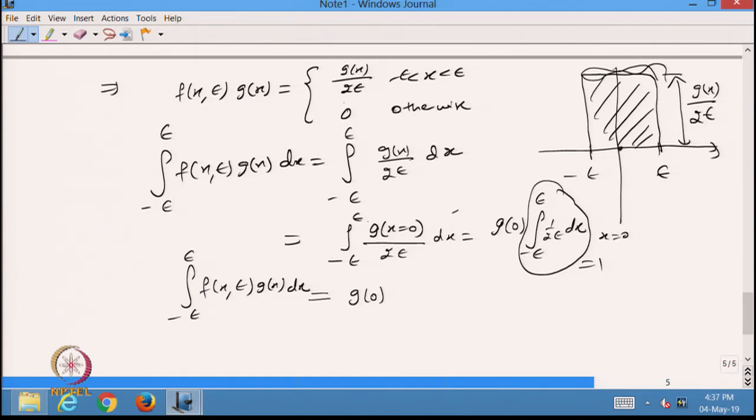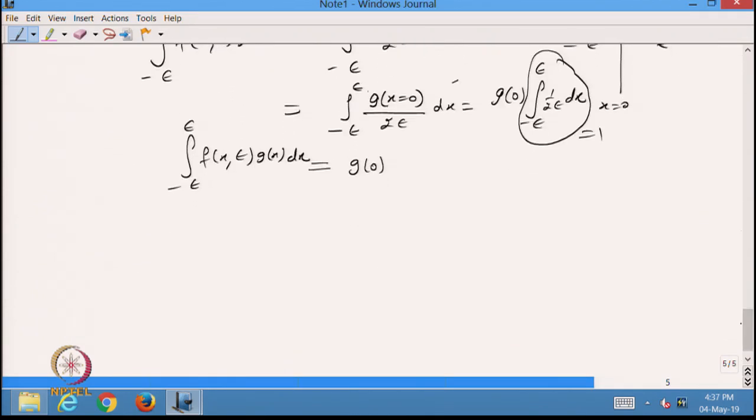Similarly, I can define this for minus infinity to infinity of f(x, epsilon) g(x) dx. In this case also I can define this value as g(0). Now, I just define the value of the Dirac delta function.